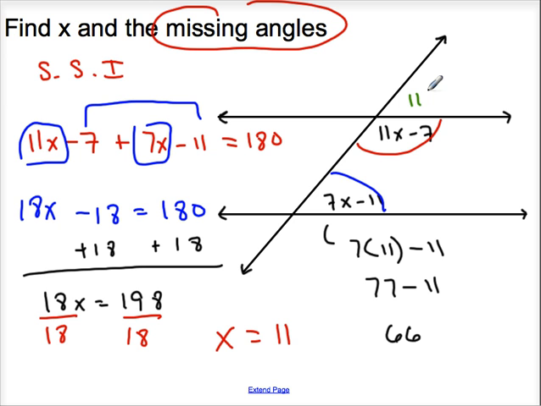So 11 times 11 is 121, minus 7, and I get 114. Very good. So 114 degrees and 66 degrees, and you could just check. Make sure these two angles, 114 and 66, total 180.